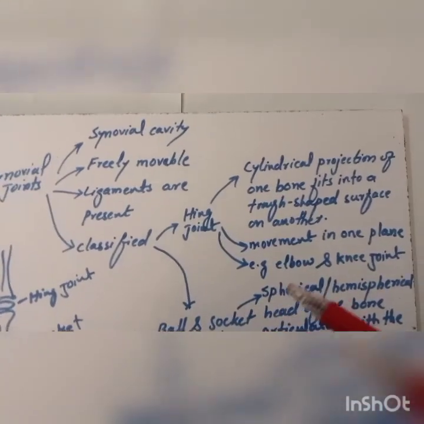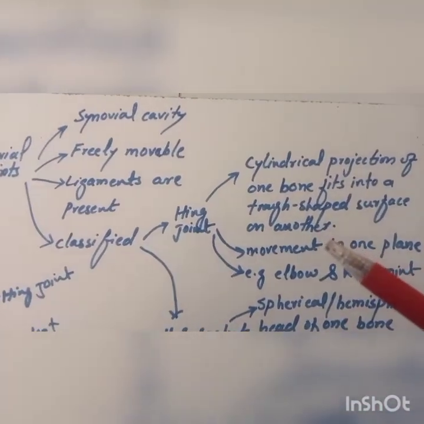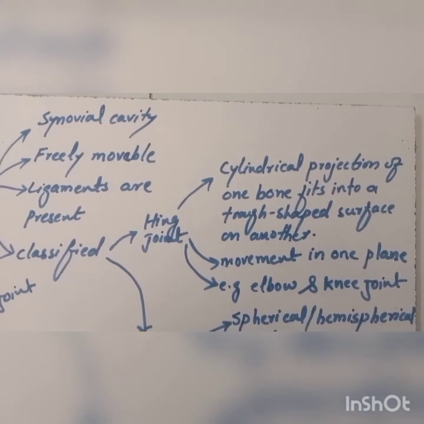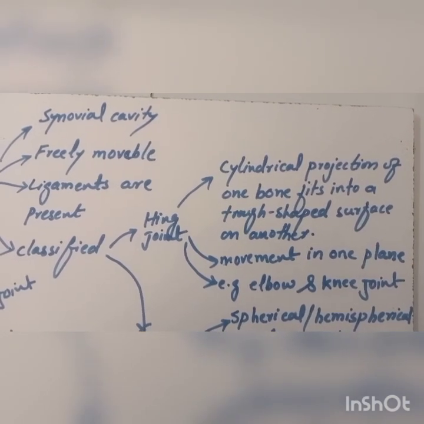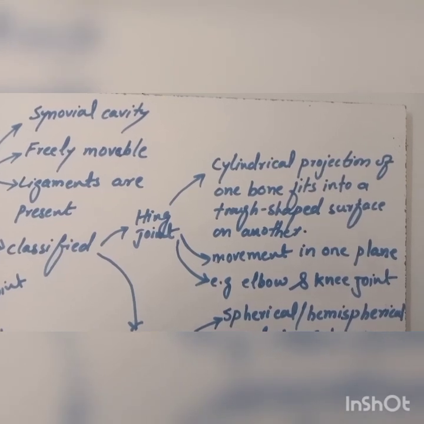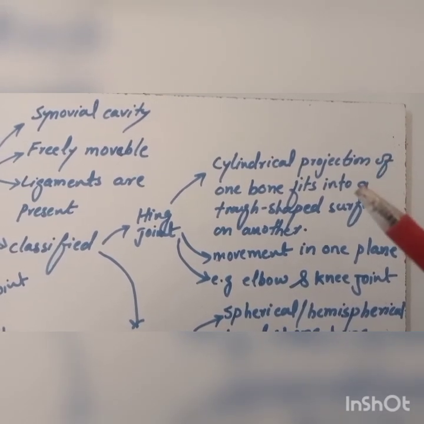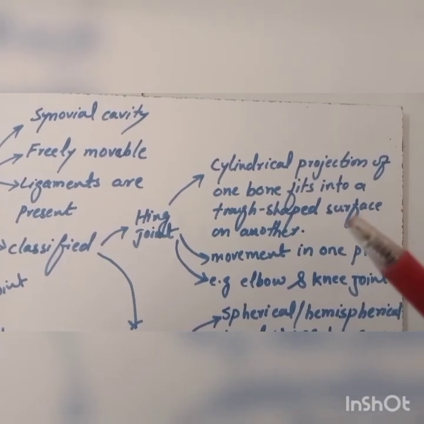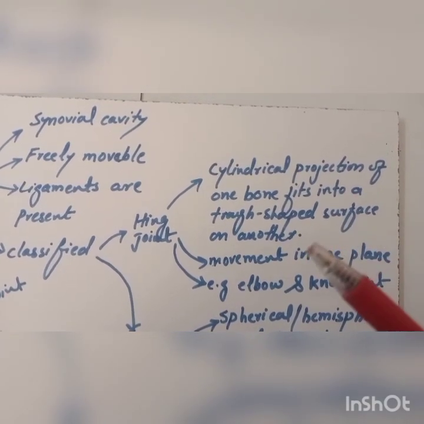Hinge joints are those joints in which the cylindrical projection of one bone fits into a trough-shaped surface on another.